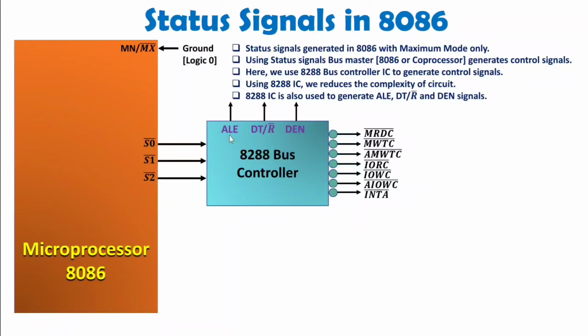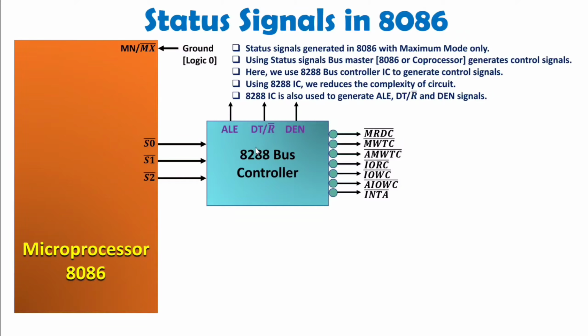Now I have already explained this ALE that we use to latch address, and this DT/R bar and data enable that we use along with the transceiver IC to separate data lines, right? So in the complete interfacing of minimum mode, I have explained how we can use these terminals.